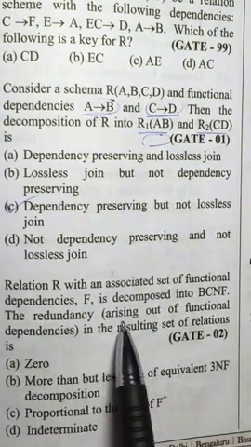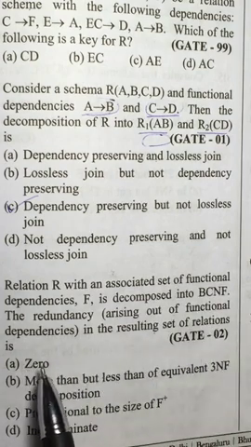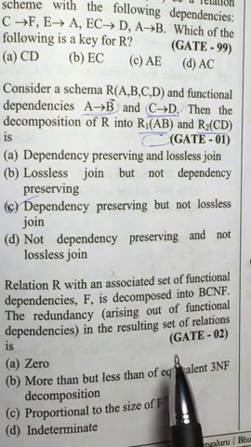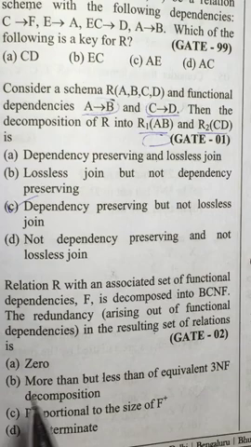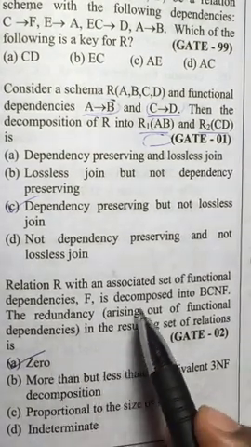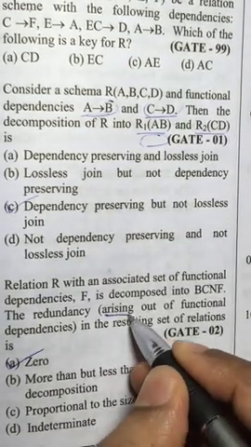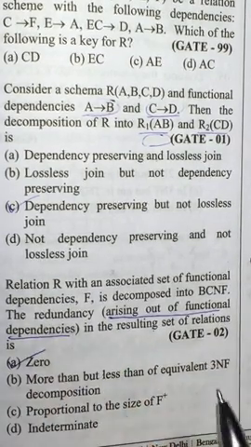The redundancy arising out of functional dependencies in the resulting set of relations is... So they are asking how much redundancy we have when we go for BCNF. The answer is always 0. BCNF will always have 0 redundancy arising out of functional dependencies. Whatever redundancy functional dependencies can eliminate, BCNF will definitely eliminate.